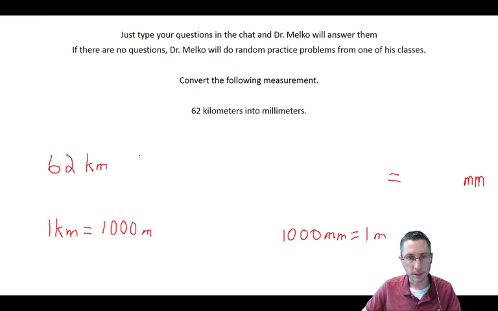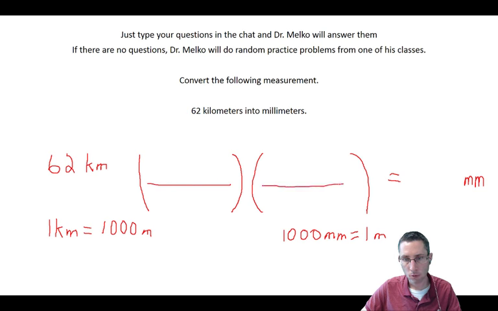Now I can tell that I'm going to use 2 unit factors here, so I'm going to set up 2 sets of parentheses, one each for these unit factors. In the first one, I'm going to try to get rid of kilometers, so I need to divide by kilometers.